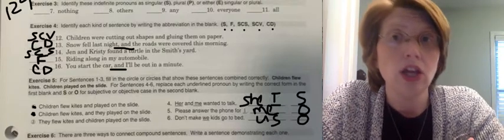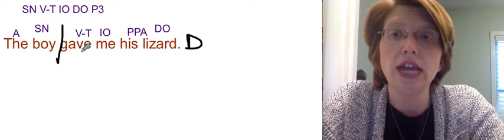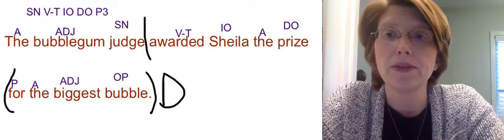Okay, now we worked on this yesterday. There are 3 ways to connect compound sentences. Write a sentence demonstrating each one. So remember what we did yesterday? We had two, you need a subject and a verb, and you need another subject and the verb.